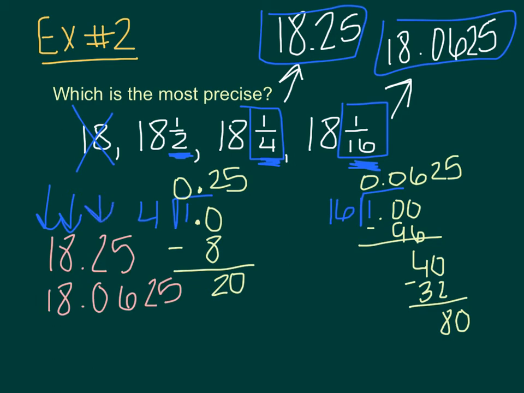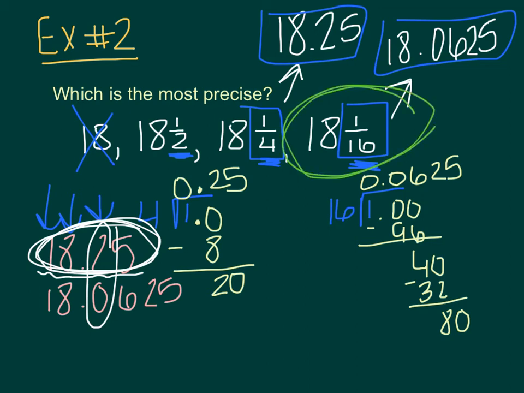But when we look at the tenths place, we see that this number has a 2. 2 is greater than 0. So obviously 18 and 25 hundredths is greater. That was just proving my point that when the denominator is bigger, the fraction is actually smaller. So our most precise one is 18 and 1/16.